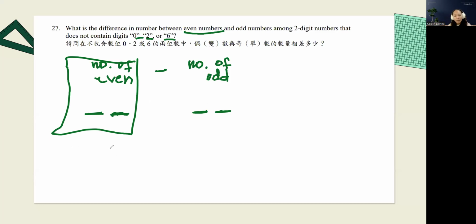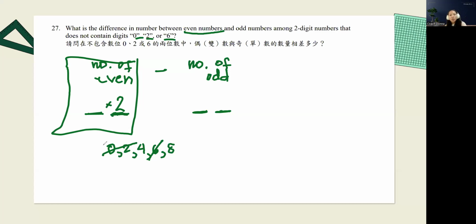For this to be even, it needs to end with 0, 2, 4, 6, or 8. However, we cannot use 0, 2, and 6 because the problem states we're not allowed to use them. So we can only have two numbers here, the 4 and the 8.